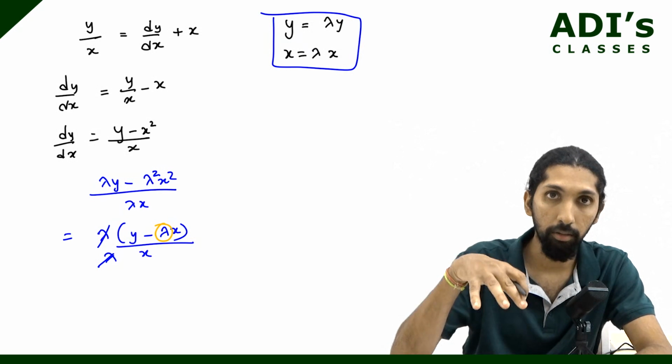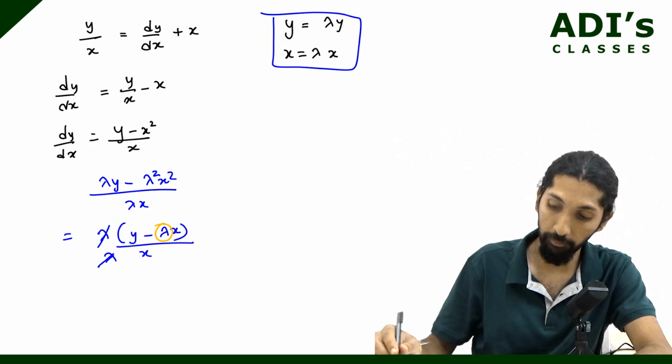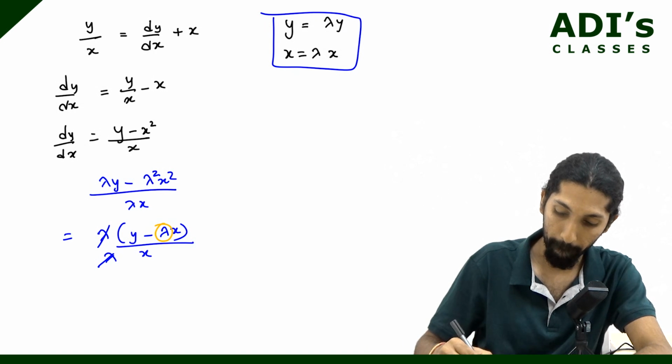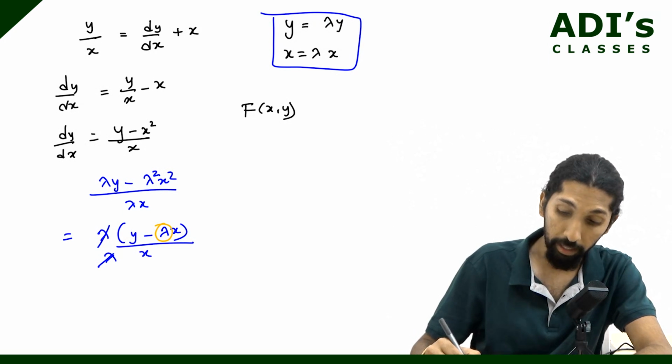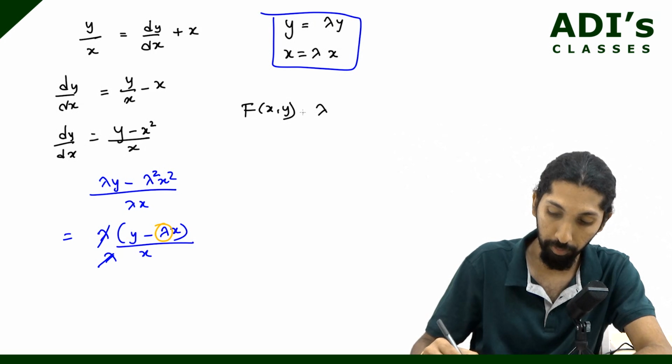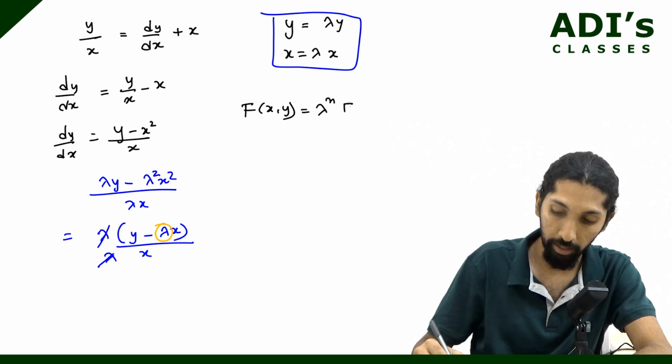We just figured out that the function f of x comma y in this case cannot be represented in the form of lambda to the power of n into f of x comma y.